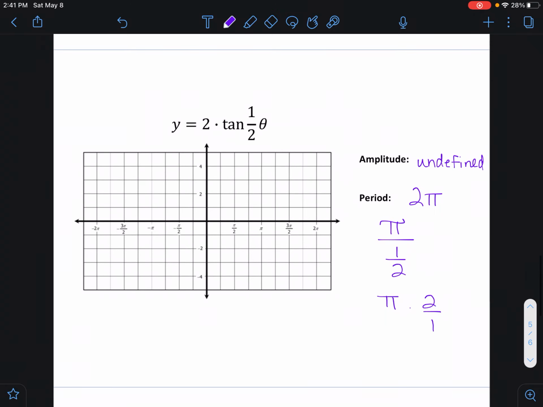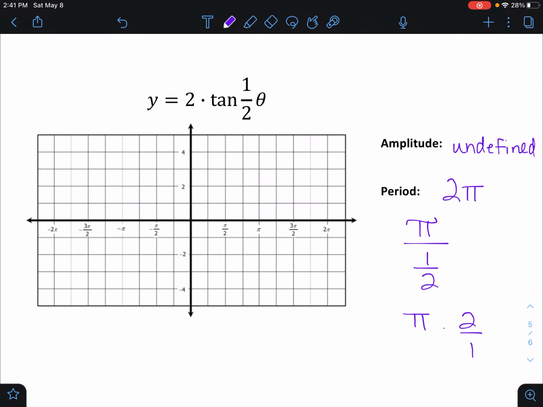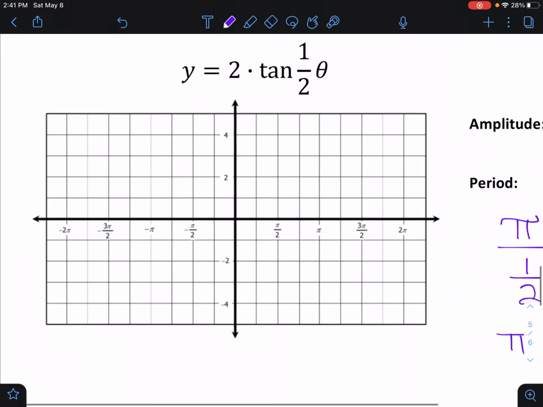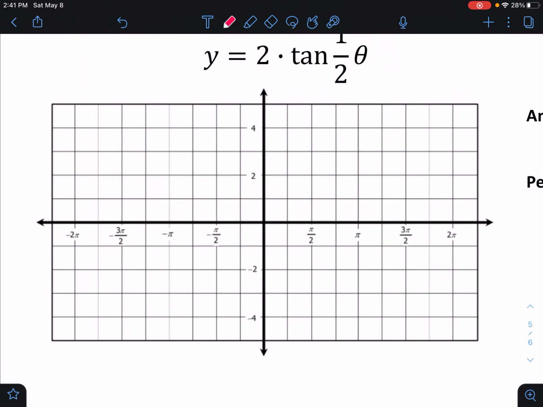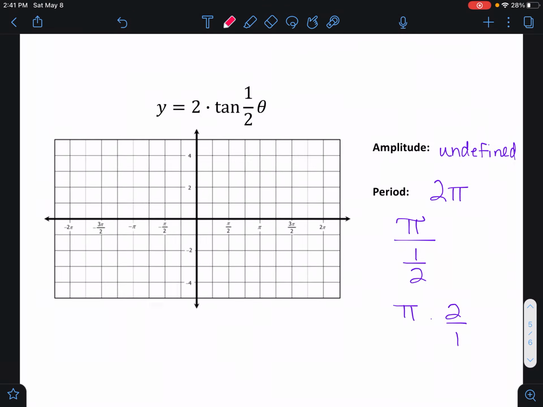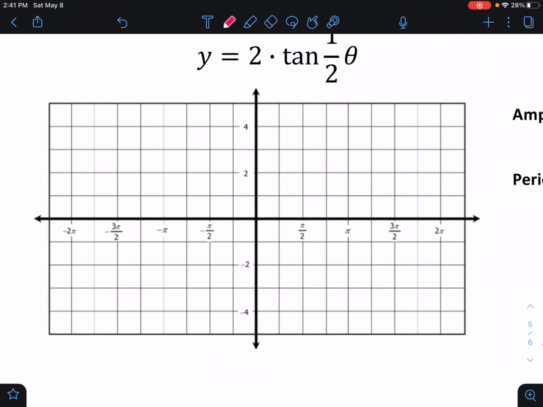Okay, now asymptotes. I'm going to do asymptotes in red. The asymptotes are normally right here and right here, so they have a period of 1 pi. And you can see half of it is in front and half of it is in back. Well, now my period is 2 pi. So I'm going to have half of it in front and half of it in back.